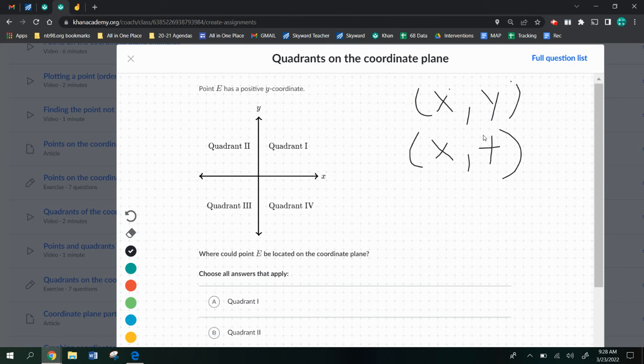So let's pick, I don't know, +2. I like 2 today. I can pick any number for x. That means it could be a negative number, -2. Can I include 0? Yeah, doesn't say anything about that. Or it could be a positive.